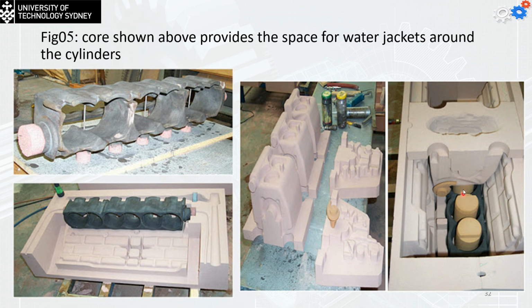These are to make the cylinders cavity, and the black one is to make the water passages. This one was painted with this black material only to prevent the sand particles from getting stuck inside the engine block, because this will increase the rate of corrosion inside the engine block water passages.